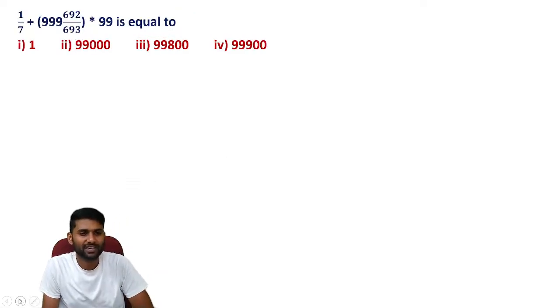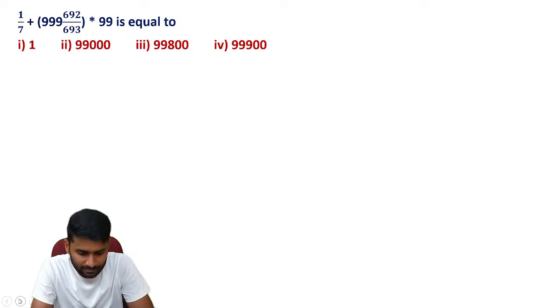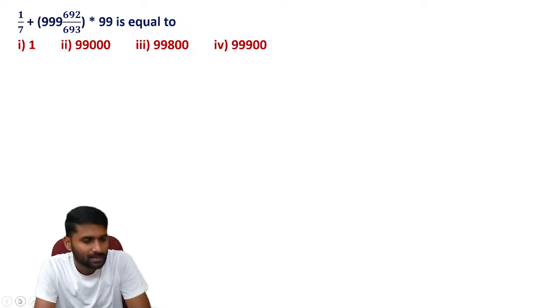Go through this simplification. Now see, 1 by 7 plus 999 692 by 693 multiplied with 99 is equal to what?